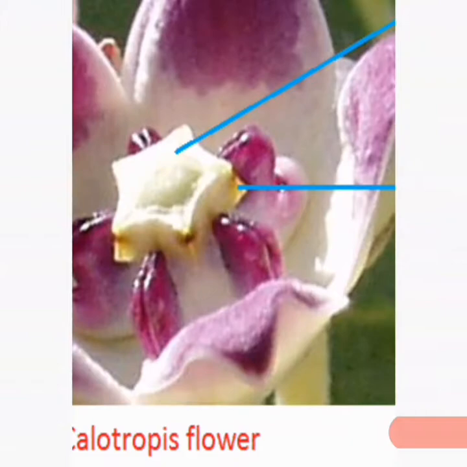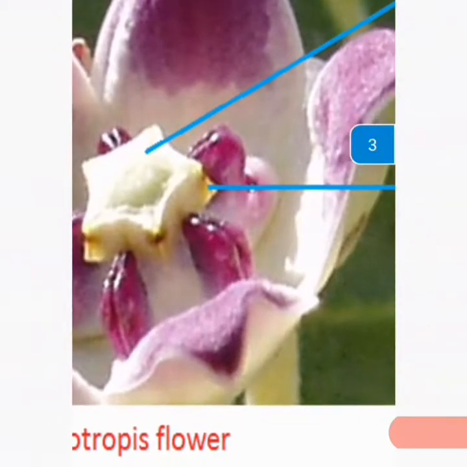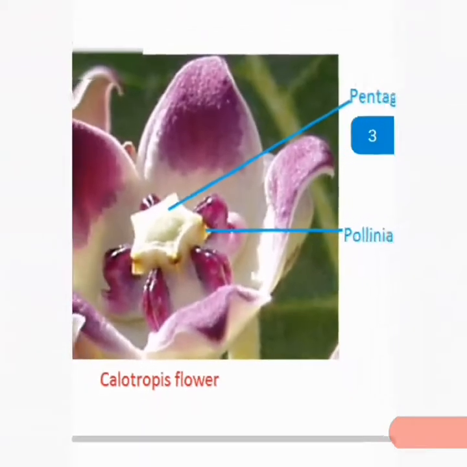These 5 dark colored structures are nothing but the staminal corona, and the yellow colored part with black colored spot is nothing but the pollinia, that means the androecium, or the pollen grains, or the anther lobes. Anther lobes are in the form of pollinia, and in the pollinia pollen grains are present.